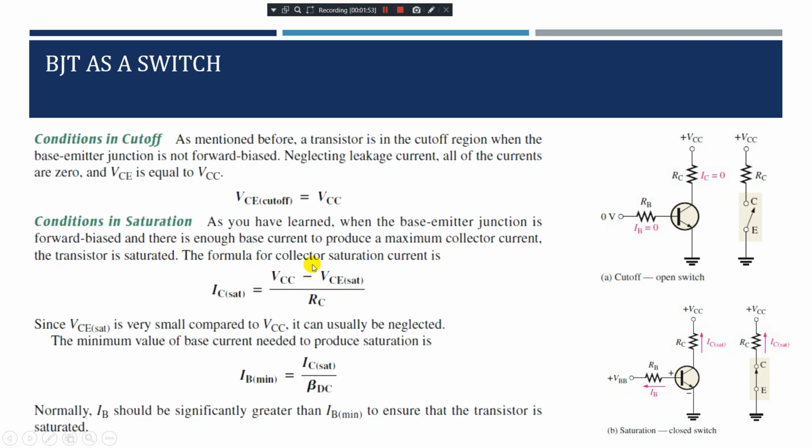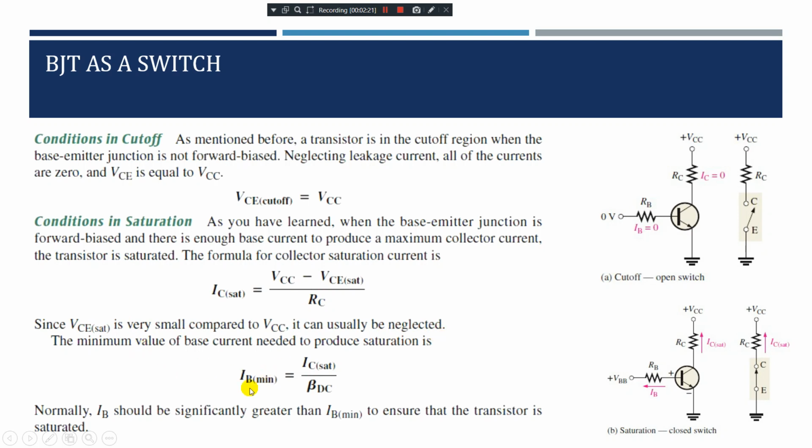There is a formula for the collector saturation current: IC saturation is equal to VCC minus VCE saturation, divided by RC, the resistance through which the collector current flows. Since VCE is very small compared to VCC, it is usually neglected.